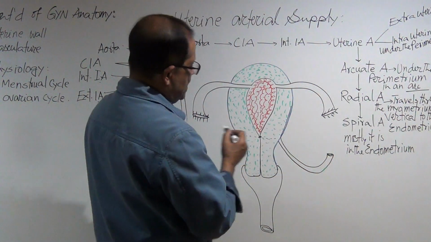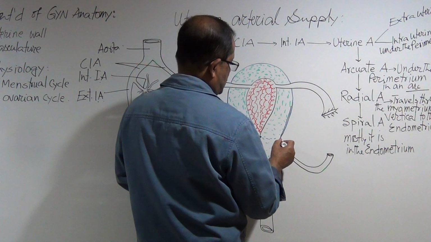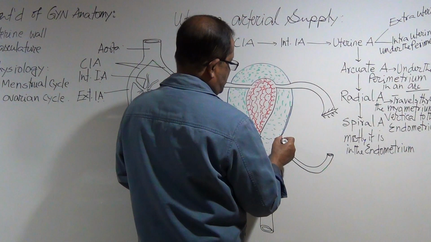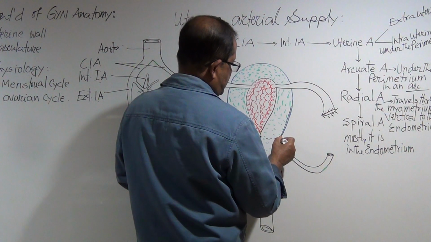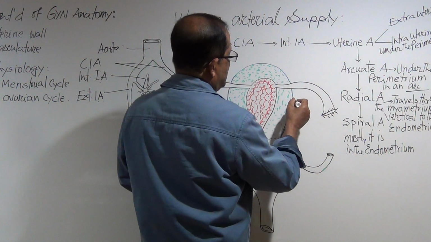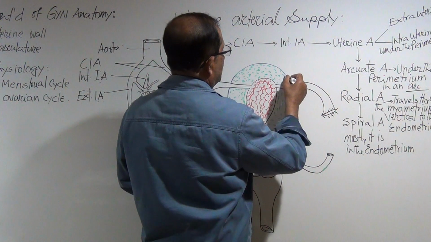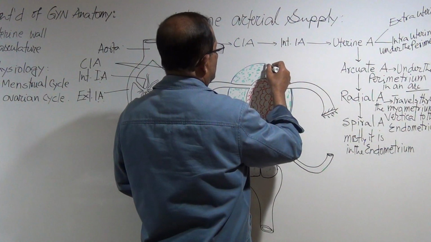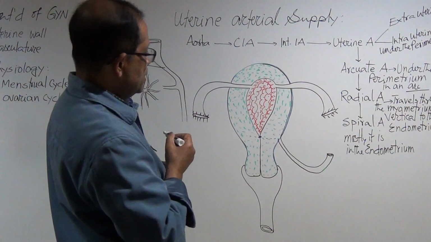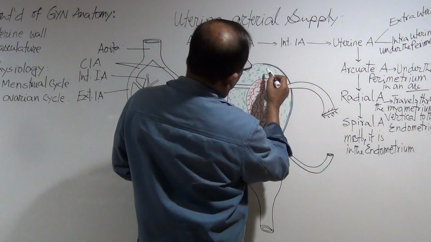Uterine artery enters at the isthmus. It perforates the perimetrium and then it goes under the perimetrium and it ascends. This is one-sided. Go up to the middle.